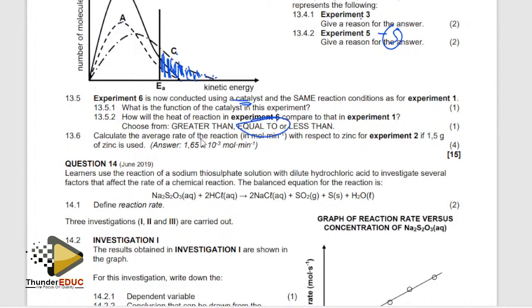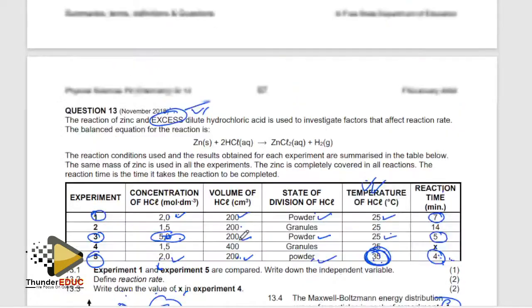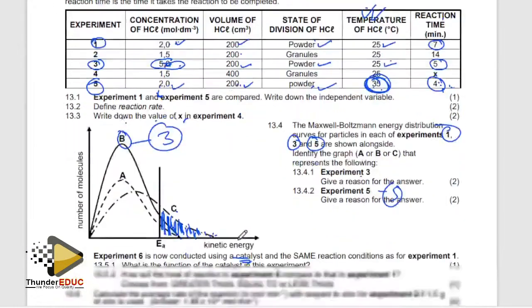Calculate the average rate of reaction with respect to zinc in experiment 2, if 1.5 grams of zinc is used. So in this case, what are you going to do? For the rate of reaction, you can talk about mass, and then find out the number of moles. Do we know the mass? Yes. What did they say here?